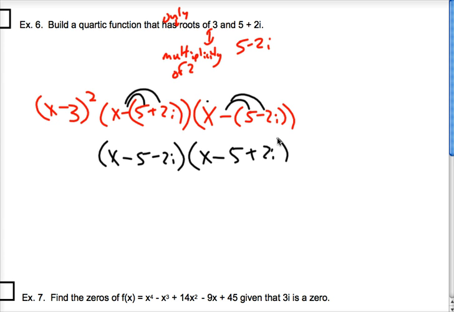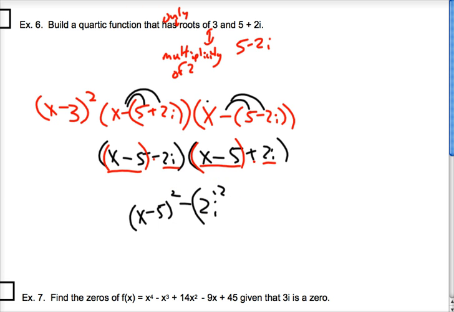Okay, so this is going to practice what we just did on the previous problem. Let's group the x minus 5s and realize that I have conjugates. I've got a minus b, a plus b. So I need a squared, x minus 5 squared, minus b squared, 2i squared.